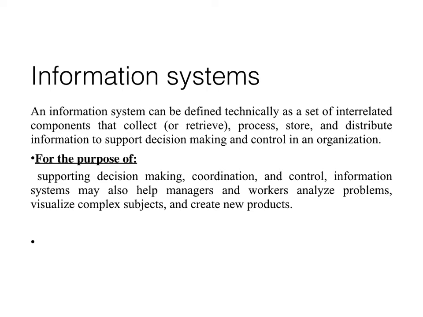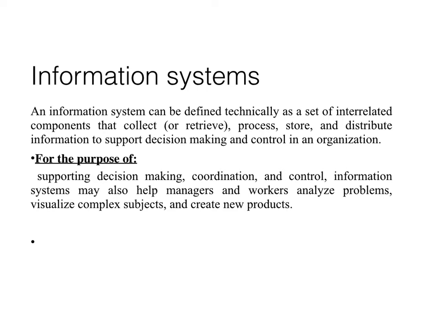Here also, as a system, the information system consists of many interrelated components. But here we talk about technology and applications as part of information systems. The information system's role here is supporting managers at different levels of management to make decisions and to control the different issues in their organization.